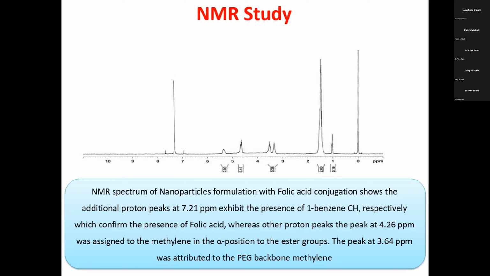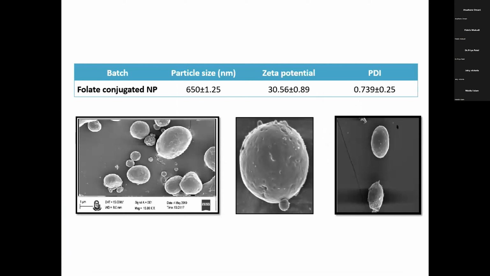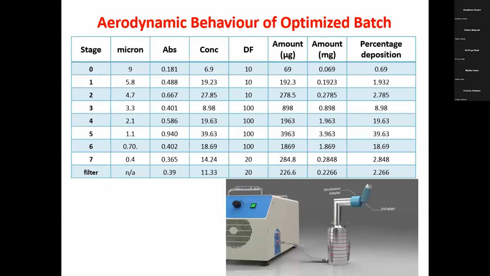The same peak is reflected in this graph at 7.21 ppm. This is the scanning microscopy data, and it also shows the particles were spherical in shape, and no obstructions were seen on the surface of the nanoparticles conjugated with folate.